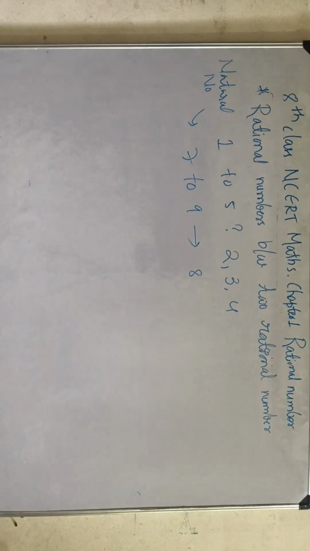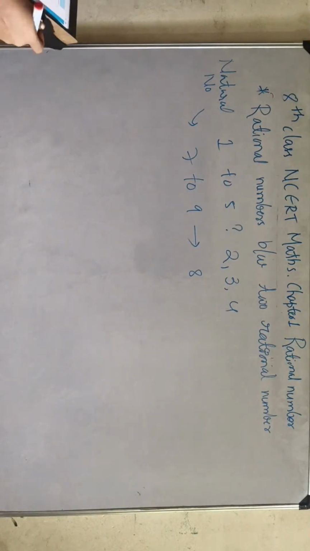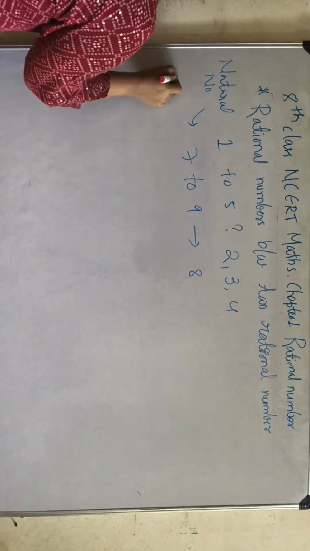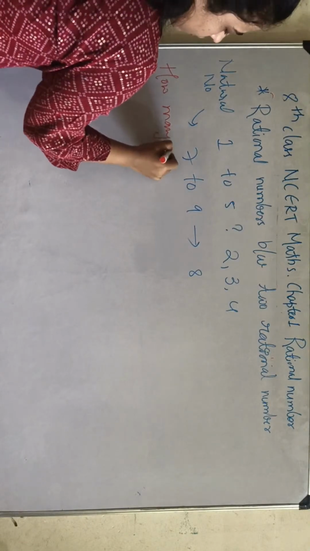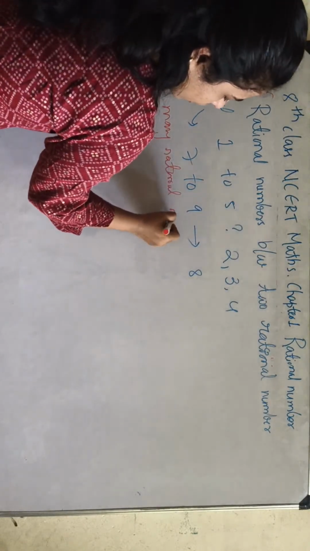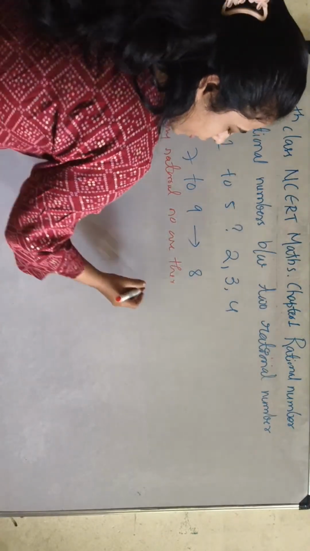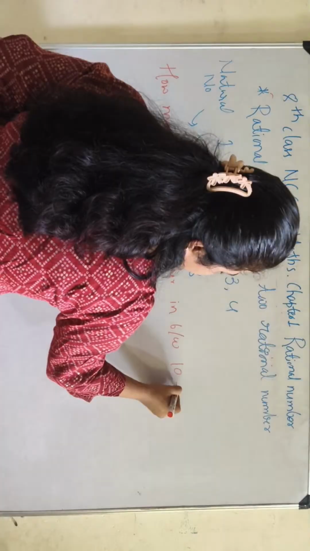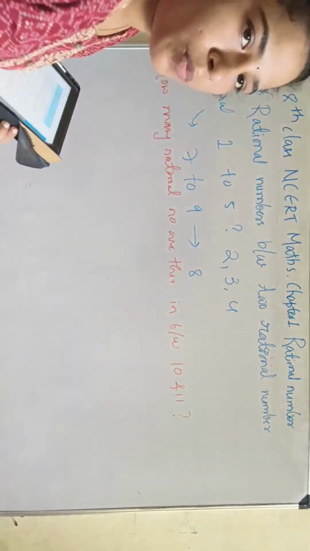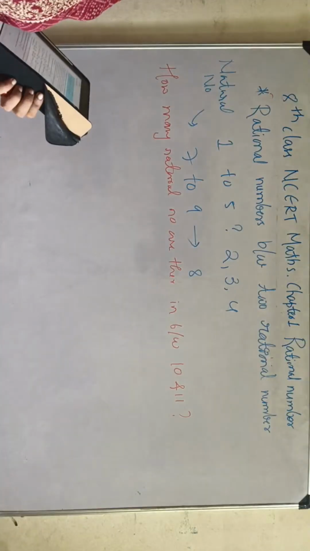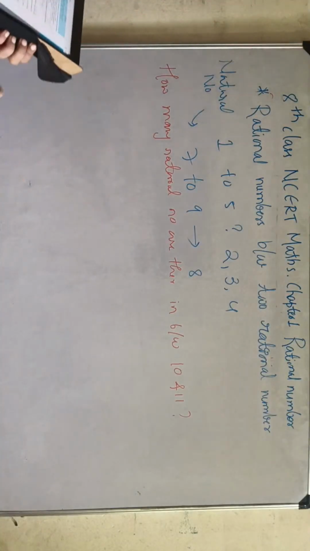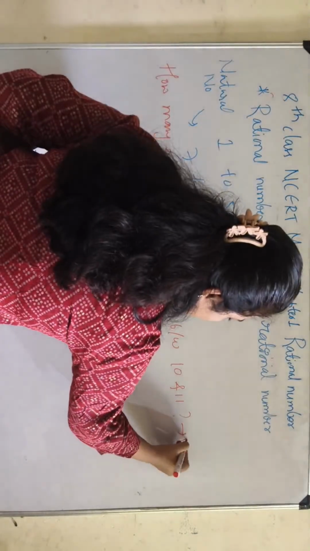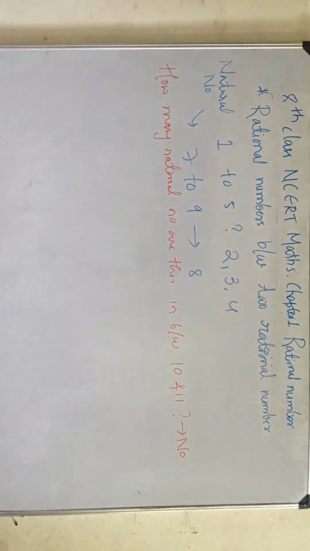Or else if I ask you, how many natural numbers are there in between 10 and 11? Is it possible for a natural number to lie between 10 and 11? No, right? So there is no natural number between 10 and 11. Obviously we have none as the answer.